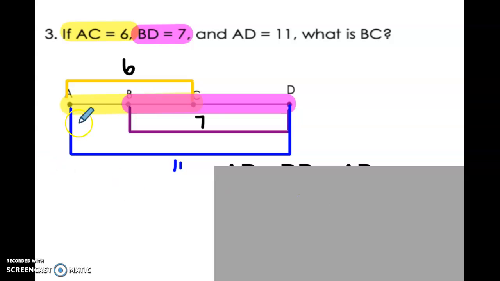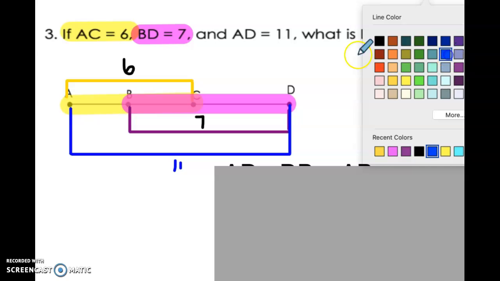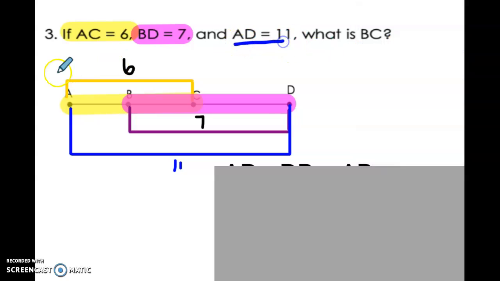On my picture here, segment AC I represented in yellow, and I showed that it is 6 units long. BD I represented in purple, and I put a 7 next to it because it is 7 units long. And then the other piece of information they gave us is that segment AD, so this whole entire segment, is 11 units long.